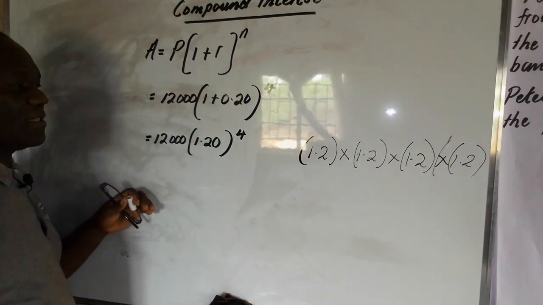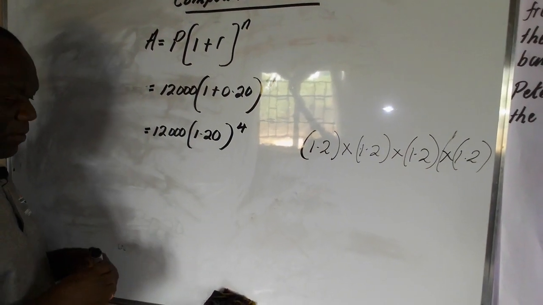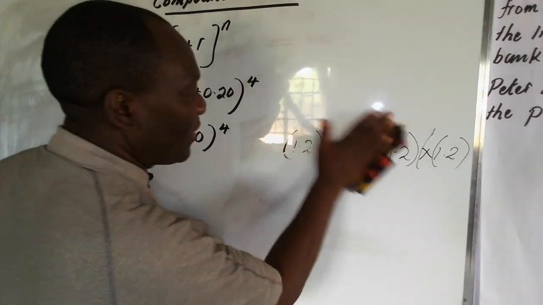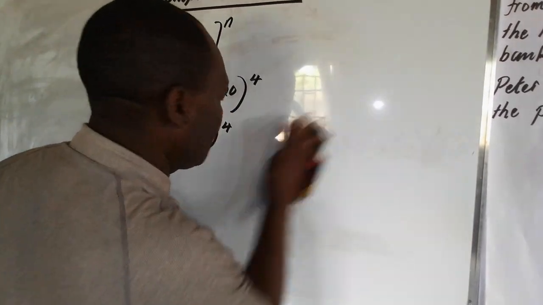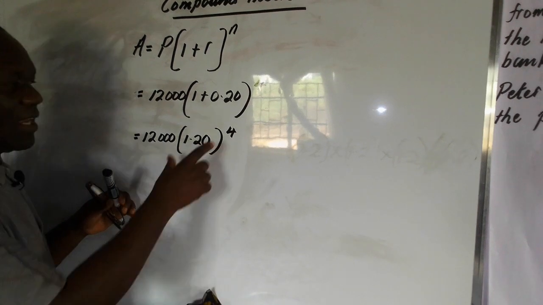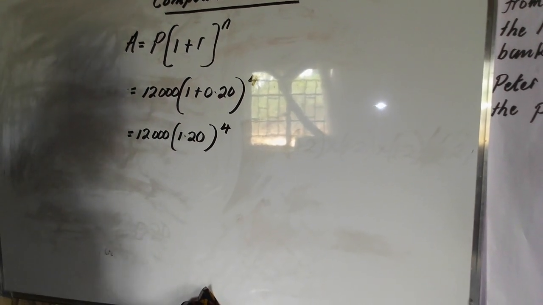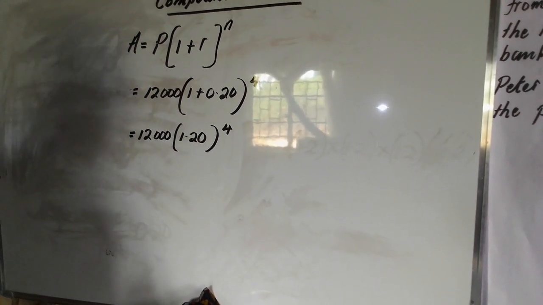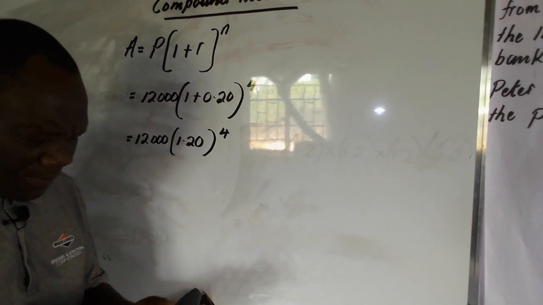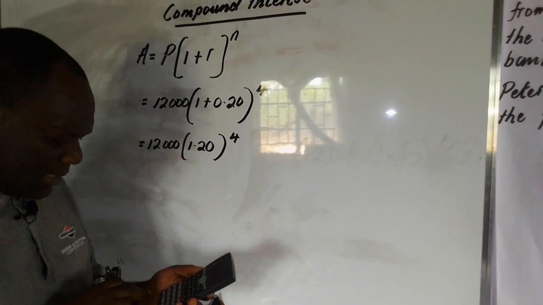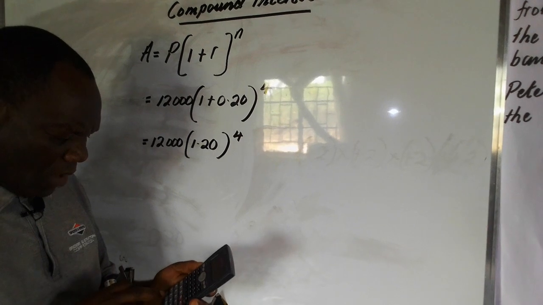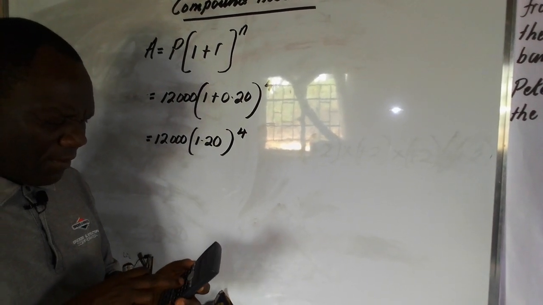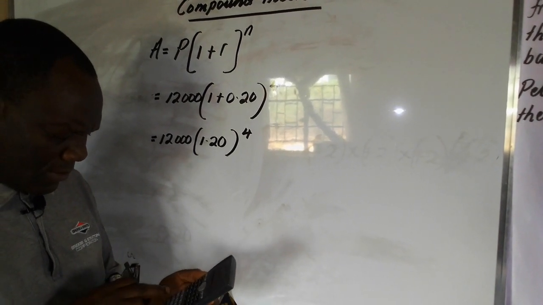This is what it means. Now we are going to use our calculator so that we're able to punch this figure in. On my calculator I have 1.2 raised to power 4.